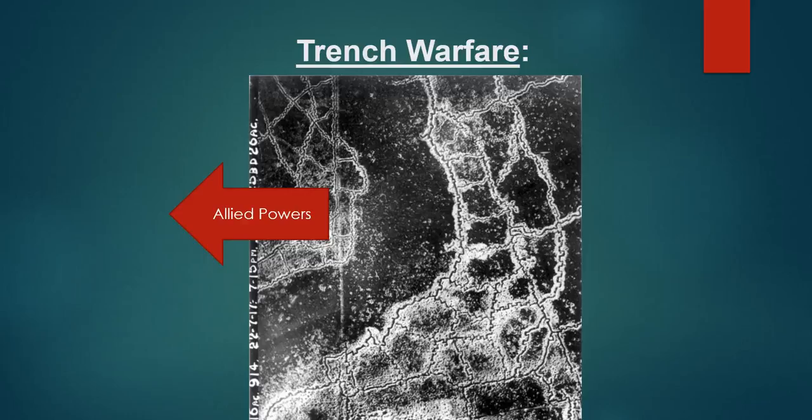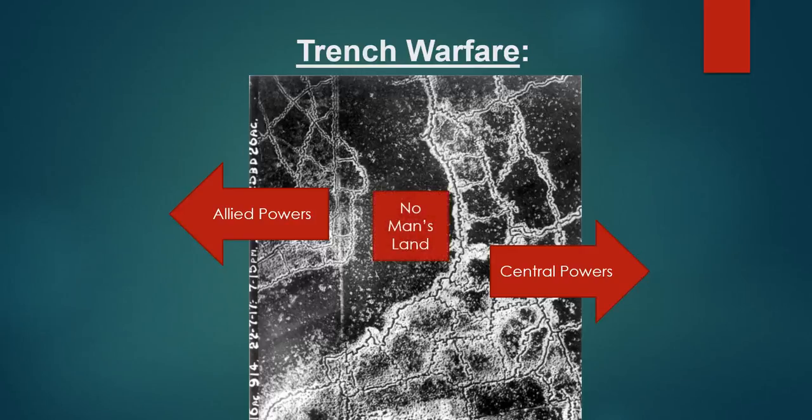So you can see, let's just say this is the Western Front, so the Allied powers are going to be on the west side, and the Central Powers, Germany, are on the eastern side, and in the middle it might look like a river or something like that, but it's actually land, and this was called no man's land. All those other little lines that you see, this was taken from the air recently after World War I, and those are all the trenches.